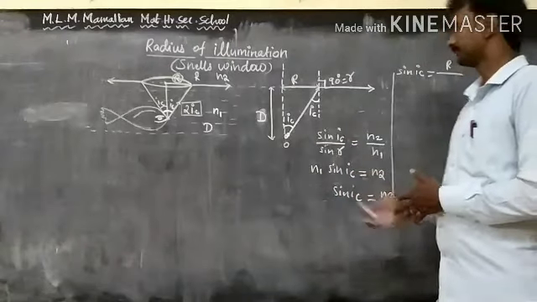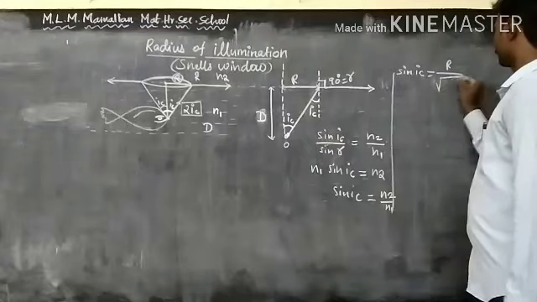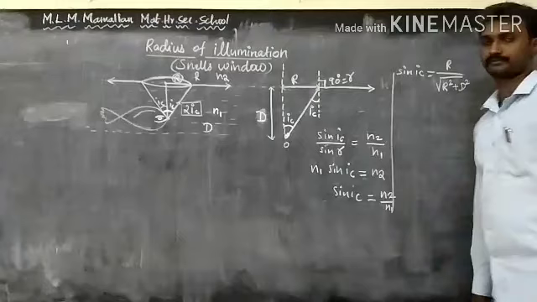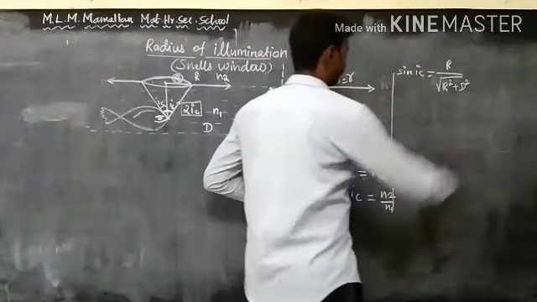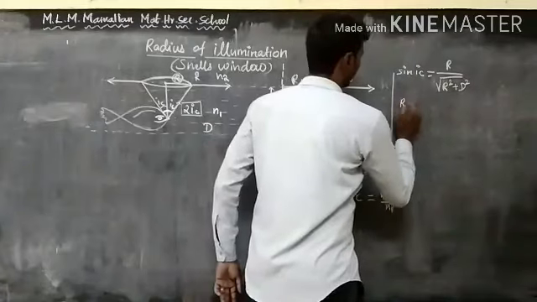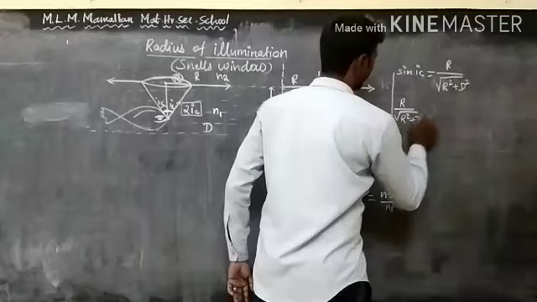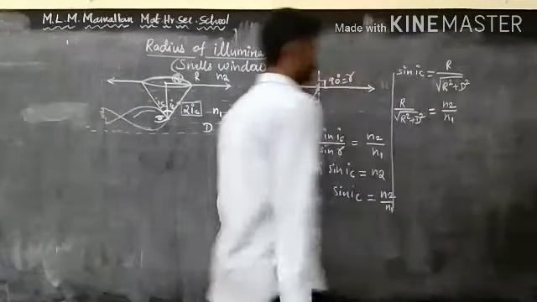So the value of the hypotenuse is equal to square root of R square plus D square. Now substitute this value into this equation: R divided by square root of R square plus D square is equal to N2 divided by N1.